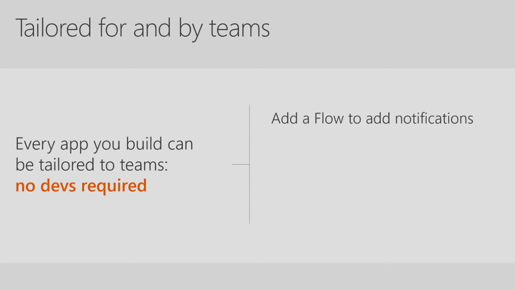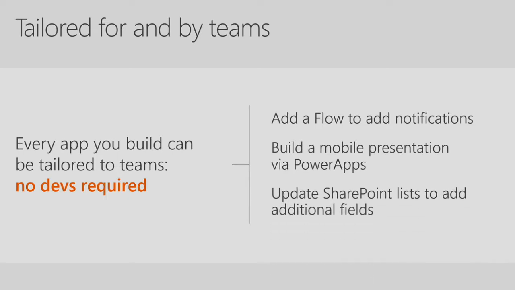The final thing, one other thing I'll mention, is that it's tailorable. So for example, as I mentioned, you'll frequently build an application, but then you'll get a new requirement or a new thing from your users that you need to go extend with. Because it's built on SharePoint, you can actually do things like add a flow to do notifications. You can build a mobile presentation layer via Power Apps. You can also do things like update SharePoint lists to add additional metadata.